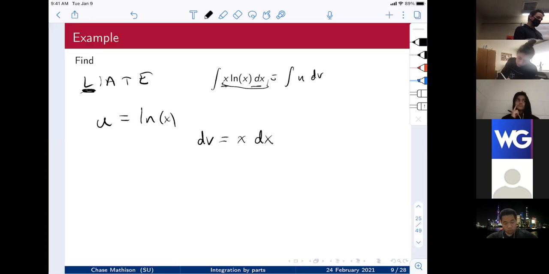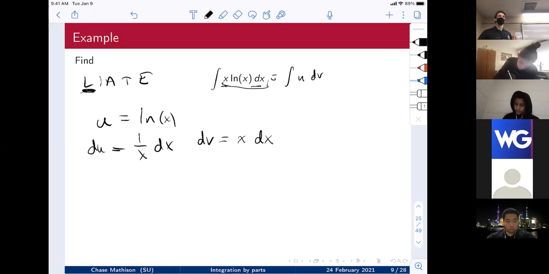Okay, so if u is natural log of x, then what is du? 1 over x dx. Very good. And again, in LIATE, this is why the logarithms are so far to the left, because you have a nasty function that has a really nice derivative. So that's why we choose u to be natural log. And if dv is x dx, then what is v? x squared over 2.